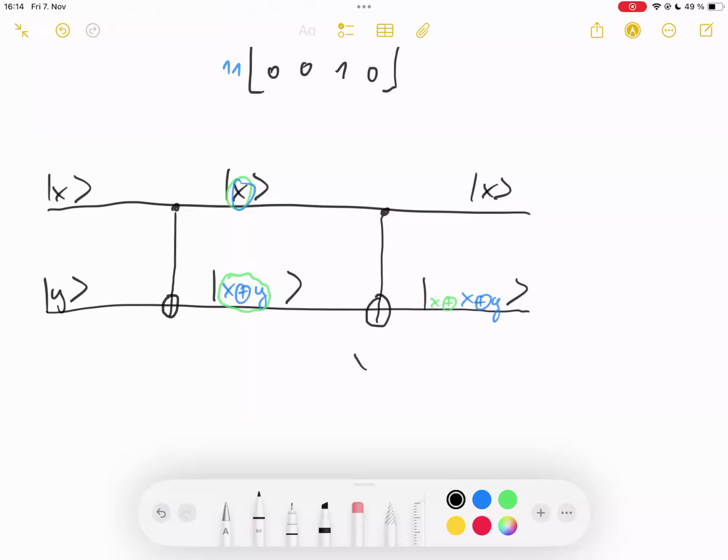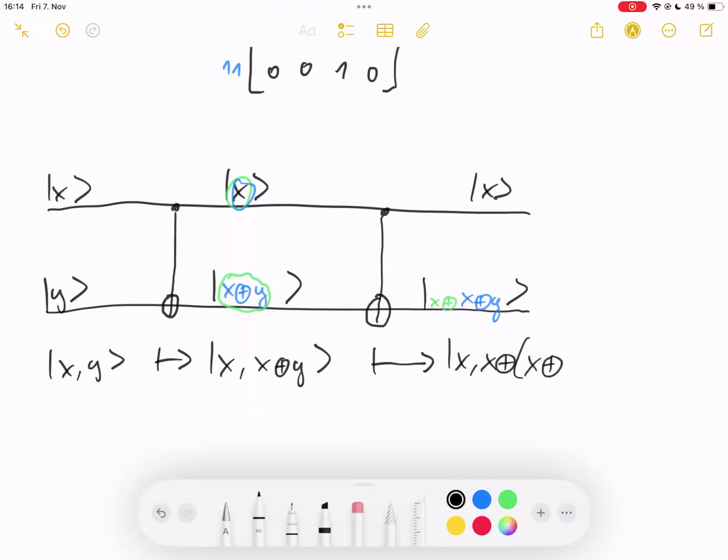So the X, Y gets mapped by the first CNOT to X, X XOR Y. And this gets mapped to X, X XOR X XOR Y.